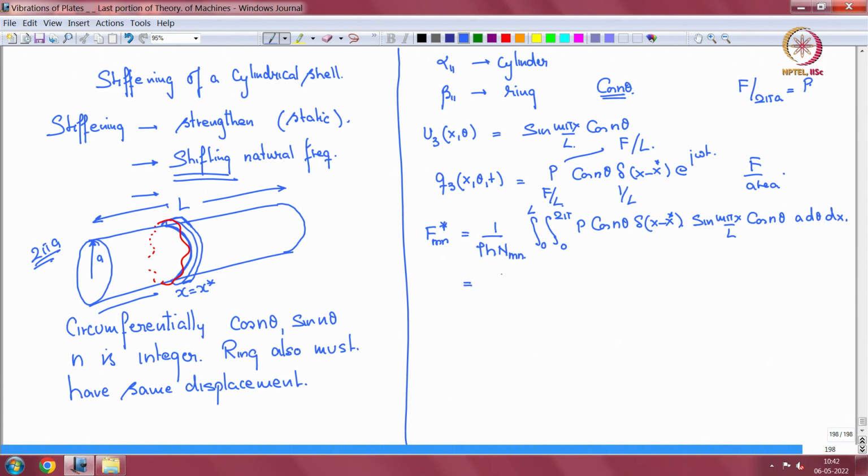Now what does this do? I get 1 over rho h Nmn, then the delta will pull out the sine. So I get P a sine m pi x star over L, integral 0 to twice pi cos square n theta d theta. Let us look at this integral.